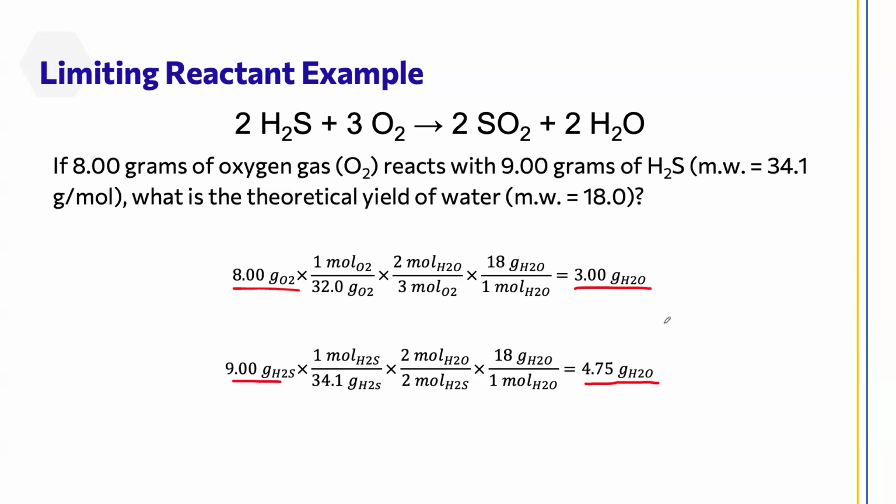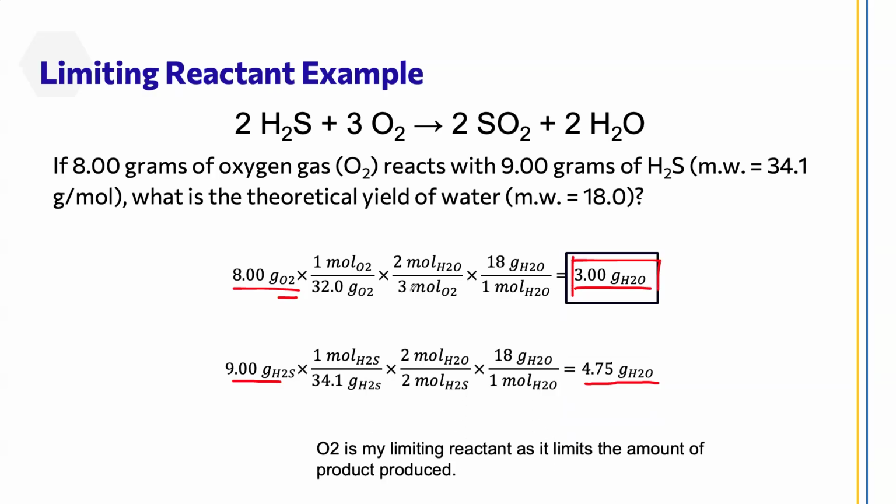Which one is my limiting reactant here? I see the amount of product, water, is limited by the amount of O2 I have. So therefore, I effectively conclude that O2 is my limiting reactant as it limits the amount of products produced. And this is my theoretical yield.